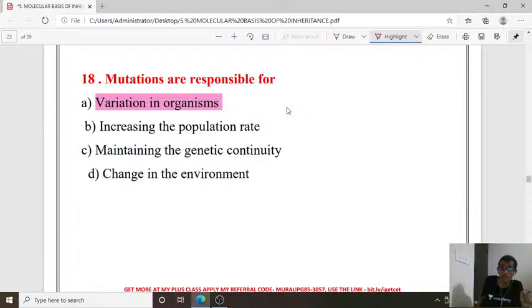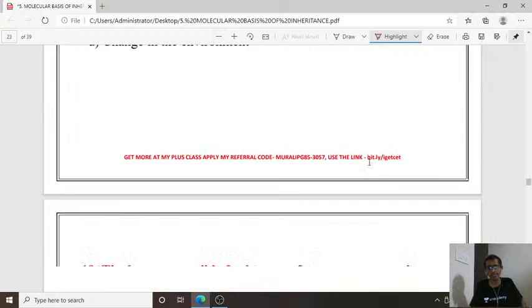So mutations are the raw material for evolution. Origin of a new species means evolution. So this phenomenon of mutation helps with variation in organisms. Mutations are the raw material for evolution. So the answer for the 18th one is A.